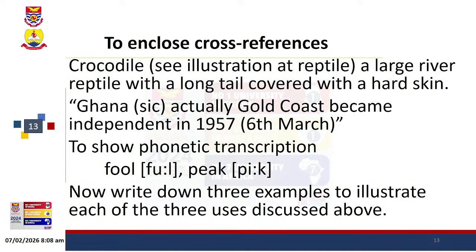So if any author mistakenly, without doing due diligence, decides to say Ghana gained independence or became independent in 1957, you can decide, after stating Ghana, to put an SIC in brackets, indicating that this is what I found in the original, but the truth actually is this. Good. Then you also see that set march is in brackets. Yes, we are also trying to give you cross references.